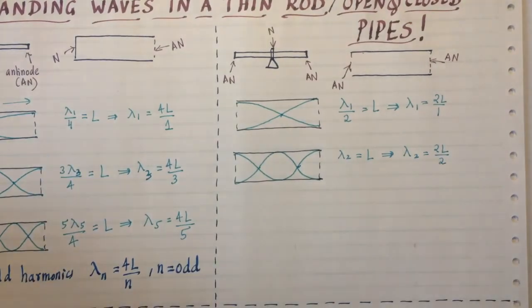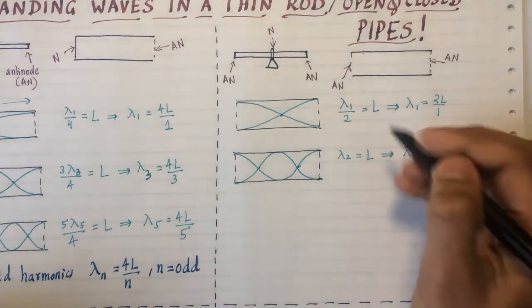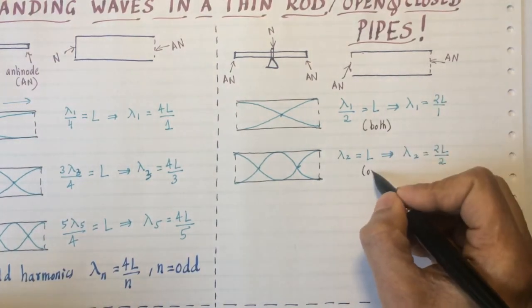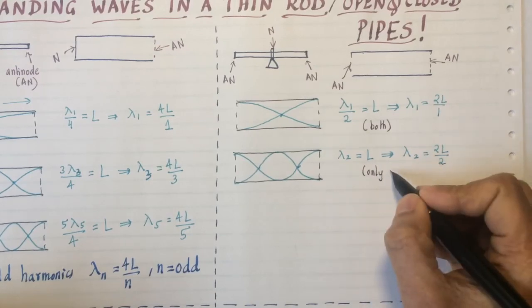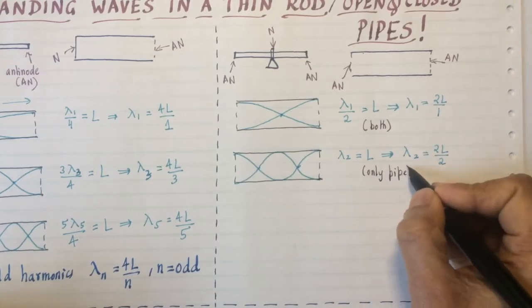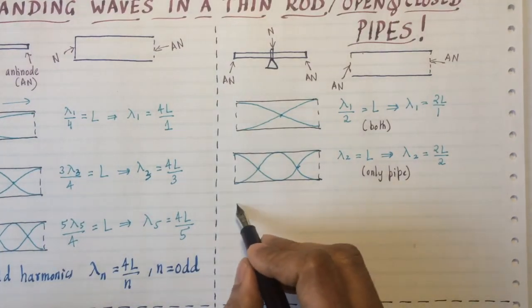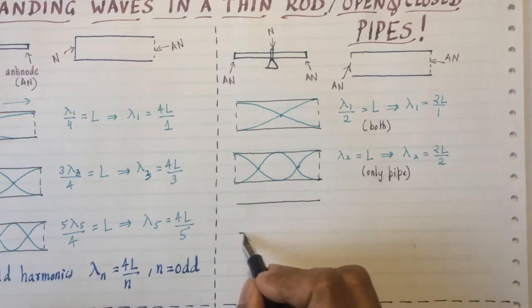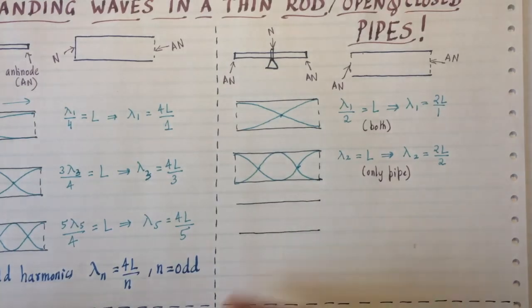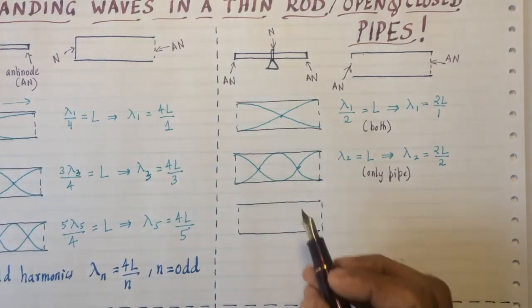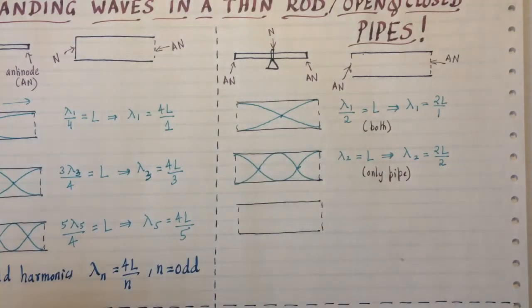So I'll make a note here. I'll say both, and I'll say only pipe, meaning that the rod doesn't get that mode. Let's go to the next one. For the next one, you have one more node in the middle.